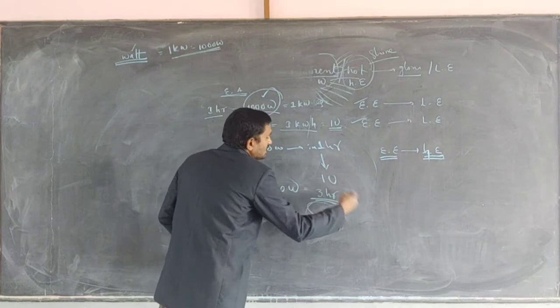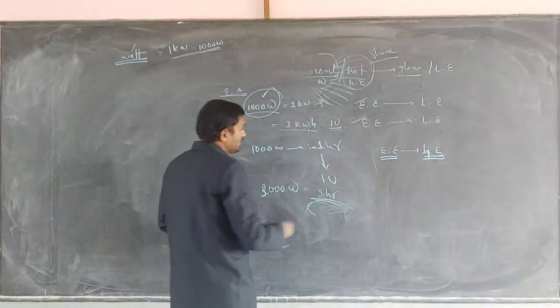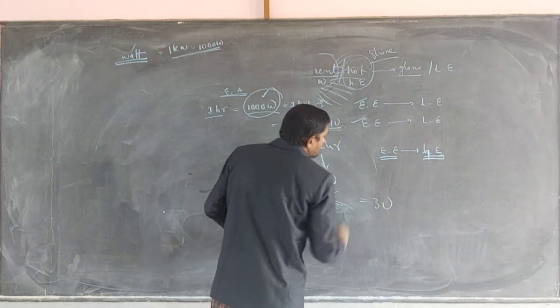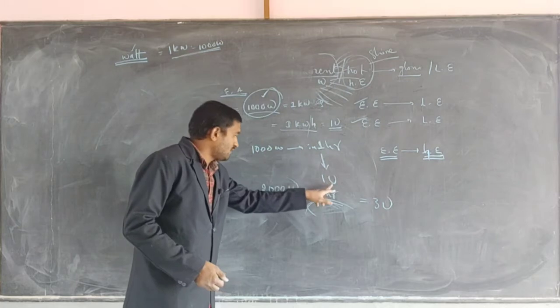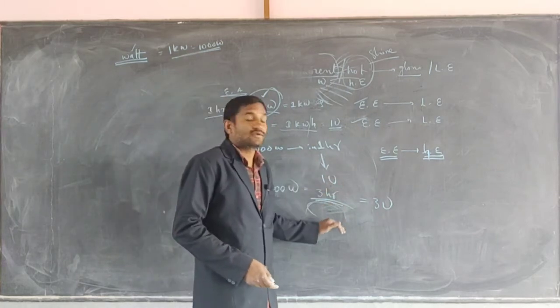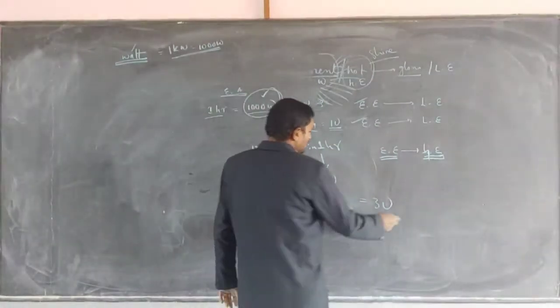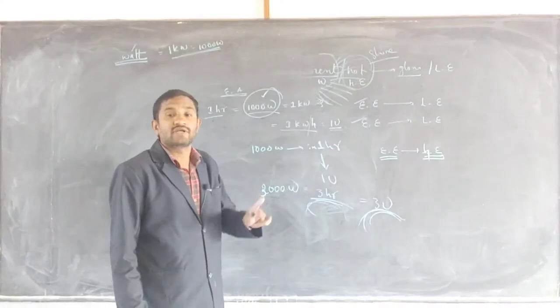That means every day how many units do we consume? 3 units. Here 1000 watts in 1 hour means 1 unit. 3000 watts in 3 hours of current we are utilizing, so 3 units only we consume every day.